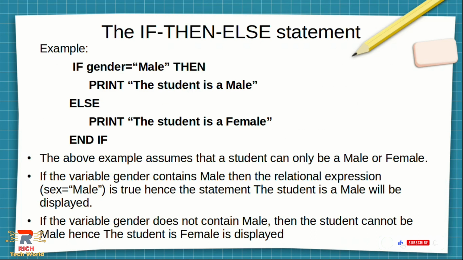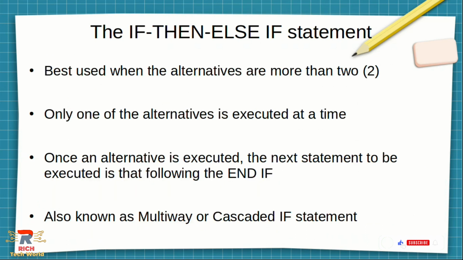So we are going to talk about the last statement under the decision statements, which is the if then else if statement. Take note of that. It's a little bit like the previous statement. Let's look at some of the things this particular statement does.